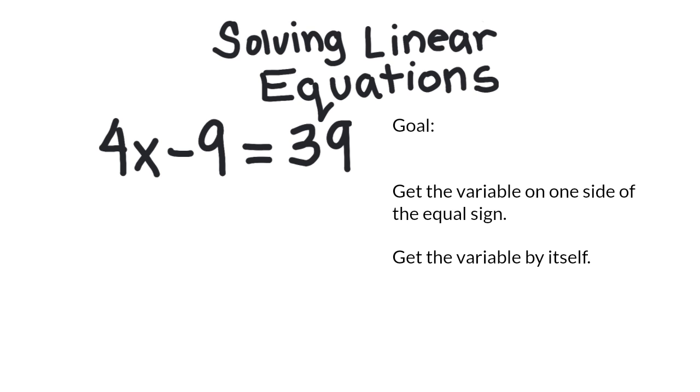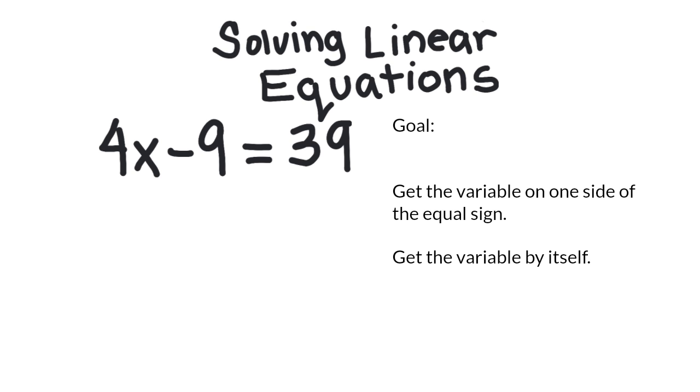It's important to observe how these numbers are connected to the x. The 9 is attached to the x by subtraction, and the 4 is attached to the x by multiplication, because 4x is the same thing as 4 times x. So in order to get the x alone, we have to move the -9 to the other side of the equal sign and the 4 to the other side of the equal sign.